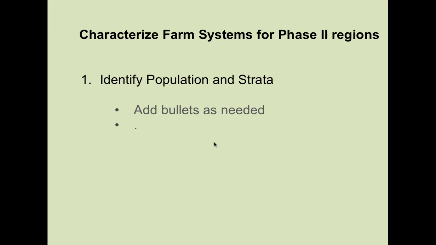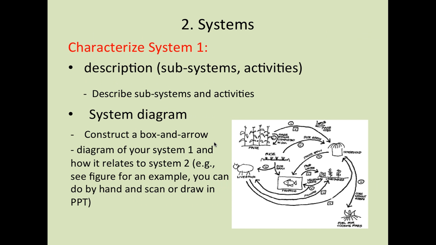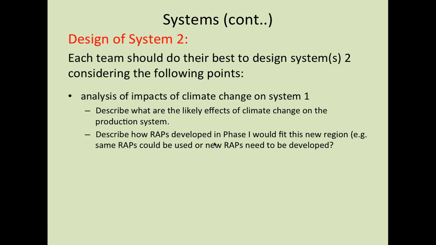And then just walking through, talking about some of the basic characterization of the systems you'll be looking at. So identifying the population and the strata, how you characterize system 1, and the design of system 2.